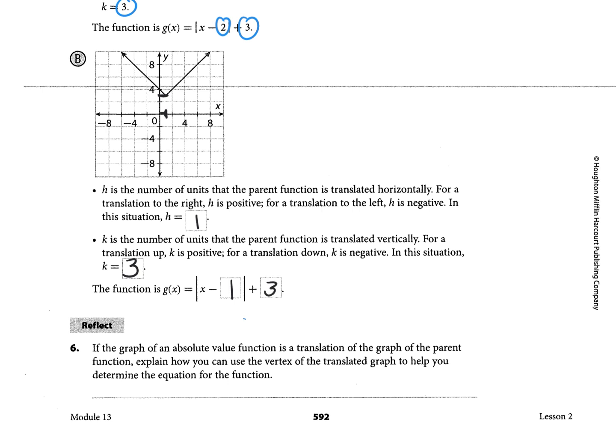If the graph of an absolute value function is a translation of the graph of the parent function, explain how you can use the vertex of the translated graph to help you determine the equation for the function.